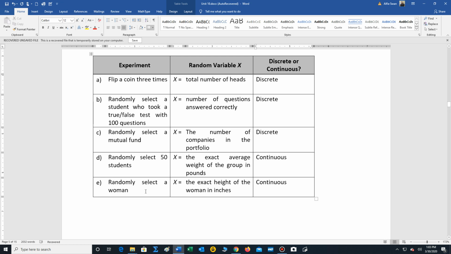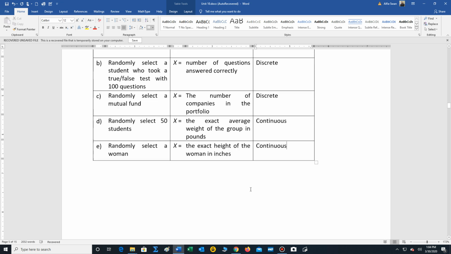And also, if we randomly select a woman, the exact height is X. Once again, similarly to weight, height also has to flow through all the intermediary values. So someone who's 5'7" and who grows to 5'10" in a short period has to flow through all the other numerical values. So that's continuous.